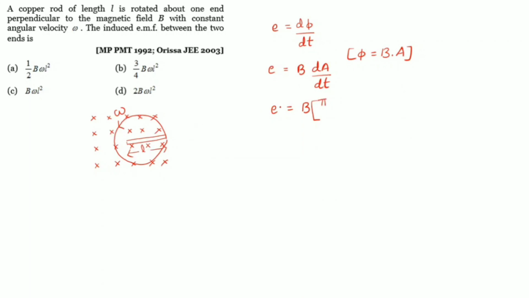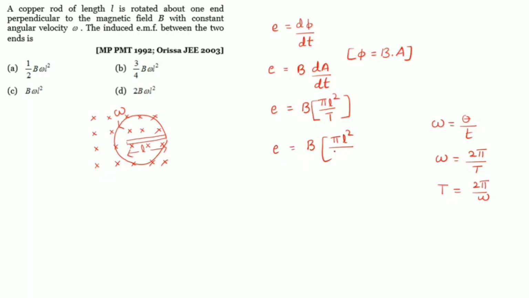So instead of radius, we can take length, that is pi L square, divided by, when it completes one rotation, that time interval can be written as time period. So E equals B into pi L square divided by the time period. Omega equals theta divided by t. This is the general equation. When it completes one rotation, theta becomes 2 pi radian and we get time period T equals 2 pi divided by omega.